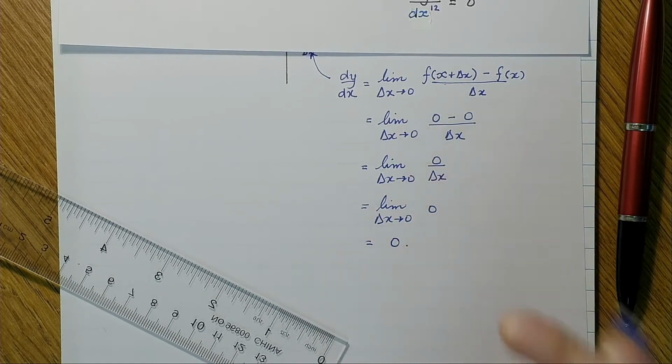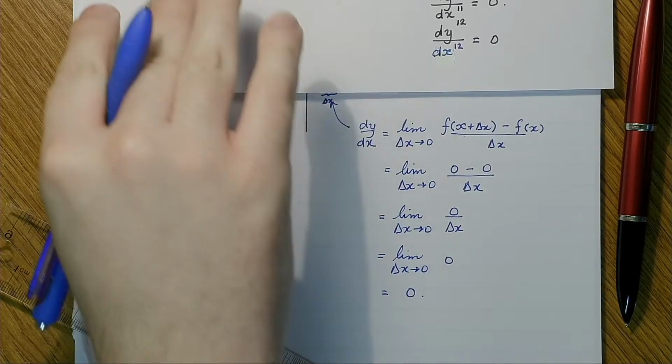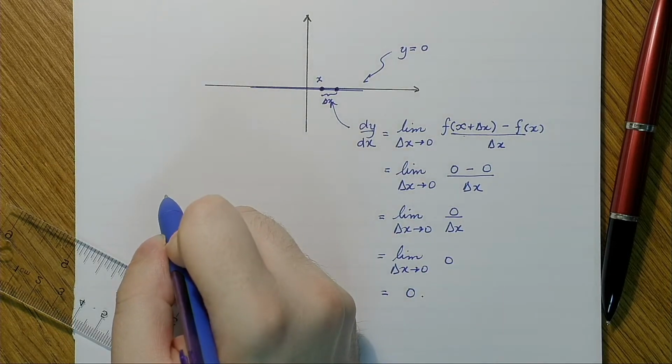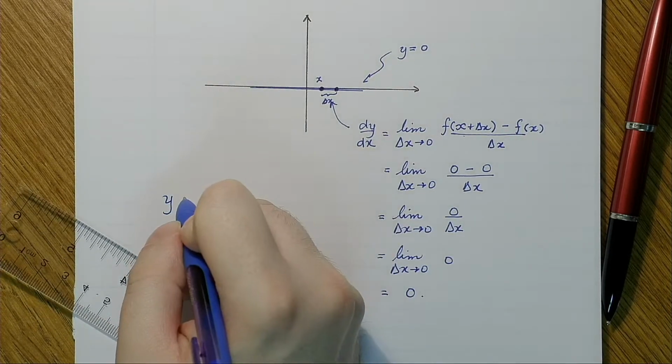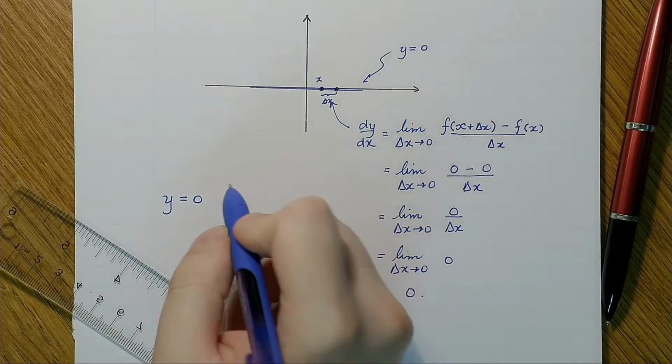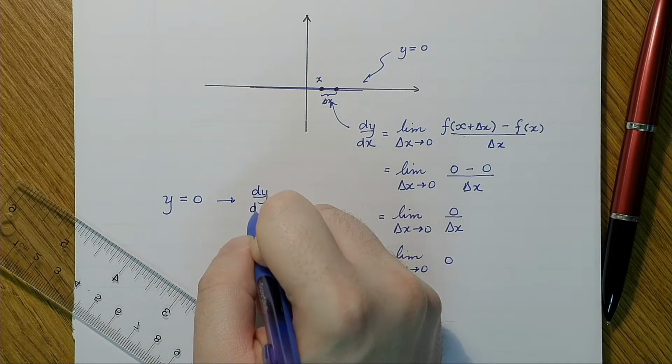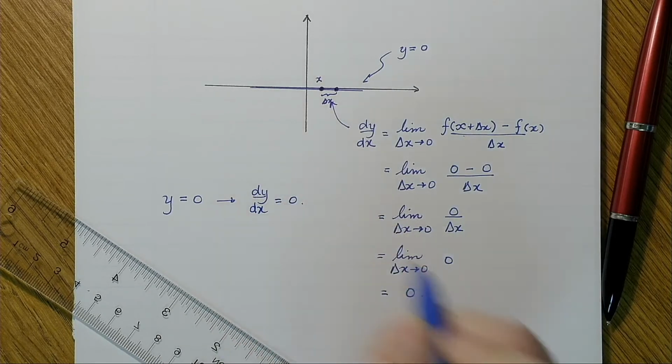So what did I show? I showed that for y equals 0, the derivative is also equal to 0.